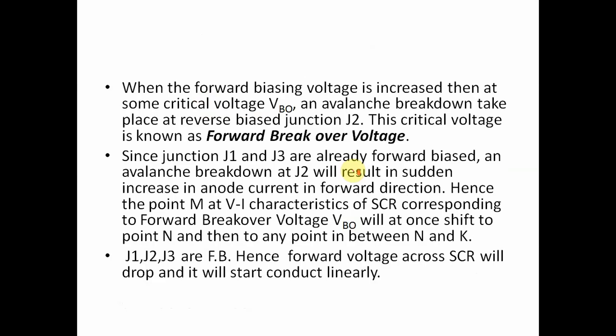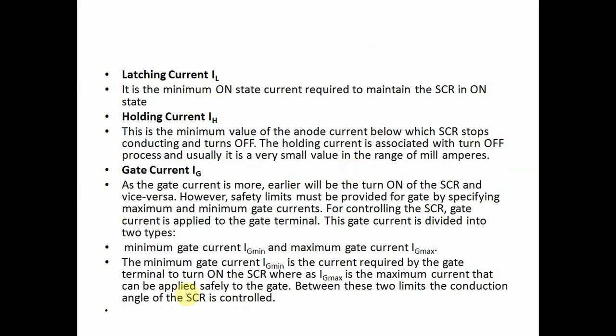Look here step by step. These are some points related to the VI characteristics of SCR. First is the latching current. This is the minimum on state current required to maintain SCR in the on state. Now, what is the meaning of holding current?